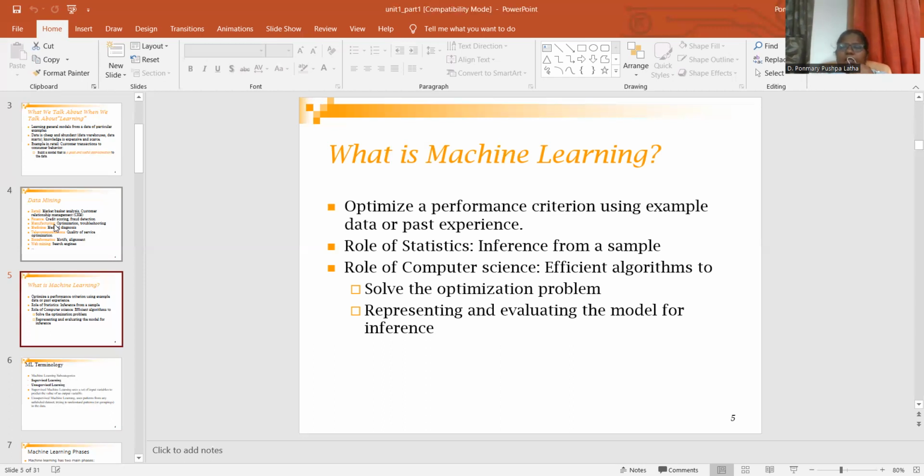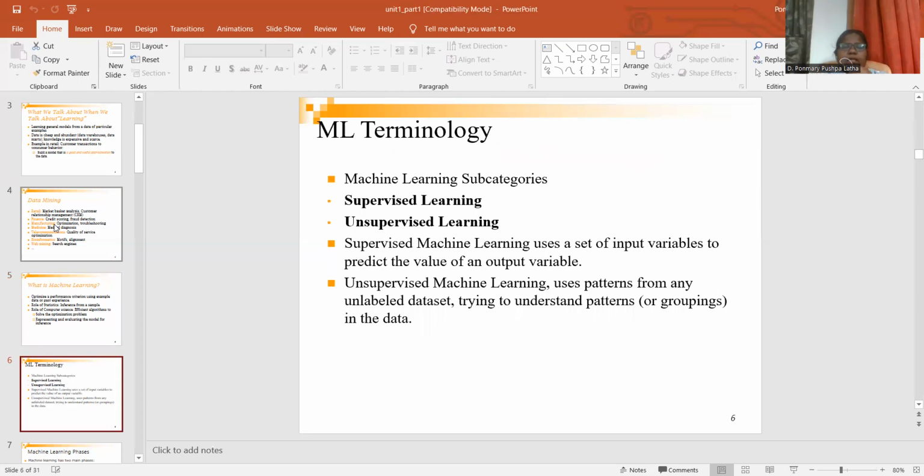If you predict that December will be very cold, you have to check next December and evaluate that. So there are different machine learning terminologies.